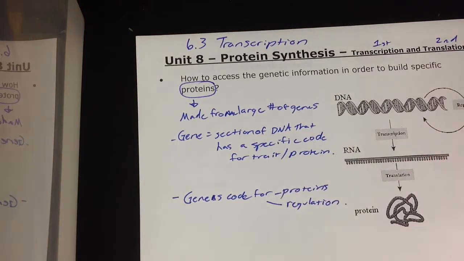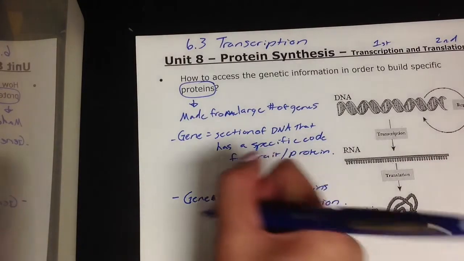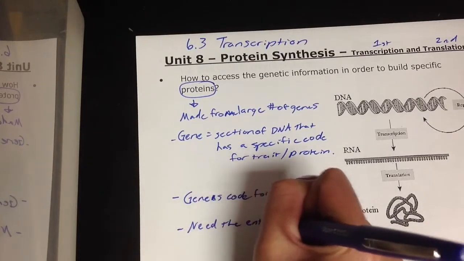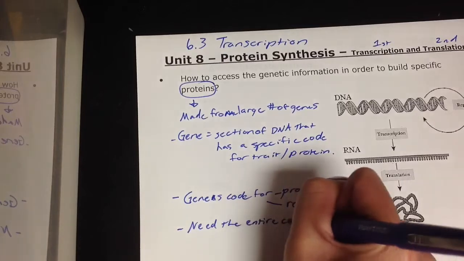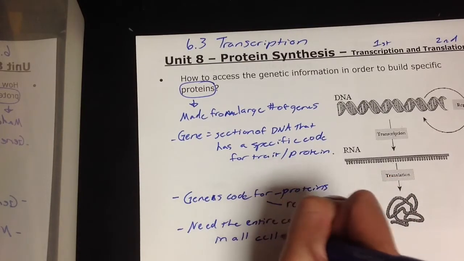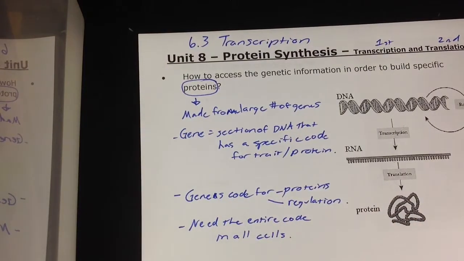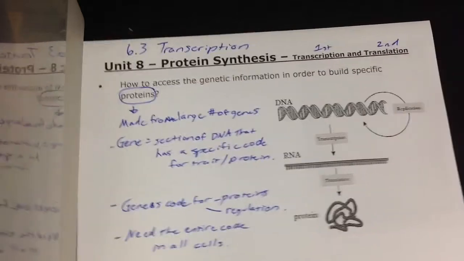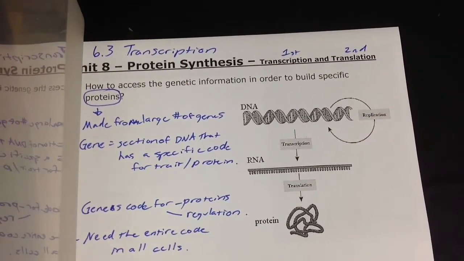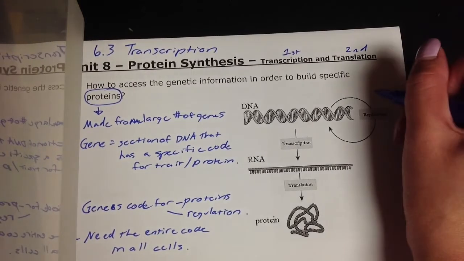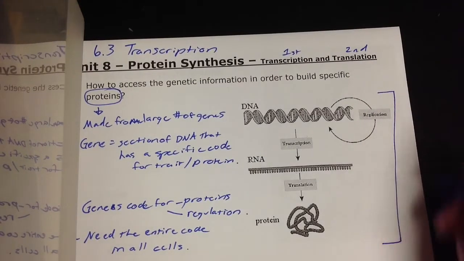So not always the protein themselves, but you will always need the entire code in all of your cells. But part of that cell specialization was that idea that some genes were turned on, some genes were turned off in specific cells.